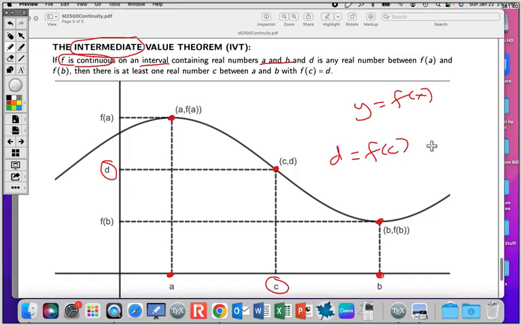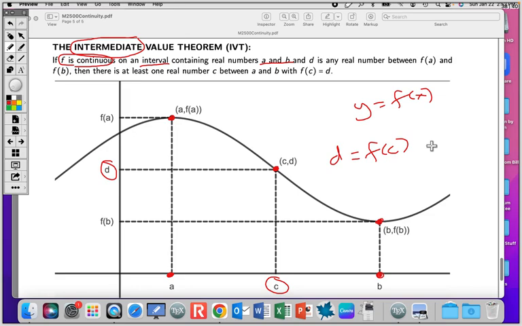So what's a real world application of this that makes sense? Let's say at 8 in the morning it's 30 degrees Fahrenheit, and by noon it's warmed up to 40 degrees Fahrenheit. So we kind of assume that the temperature is a continuous function, which means it's going to go through every temperature between 30 degrees and 40 degrees as you go from 8 to noon.